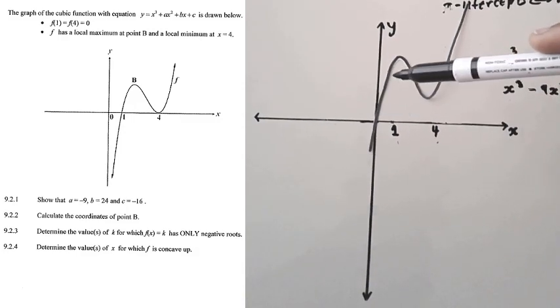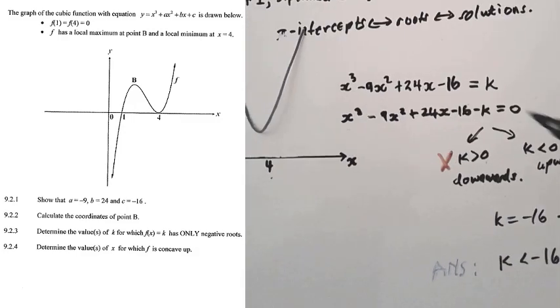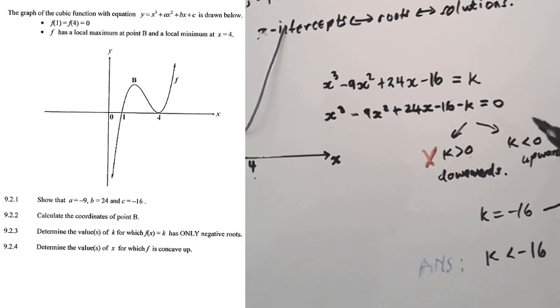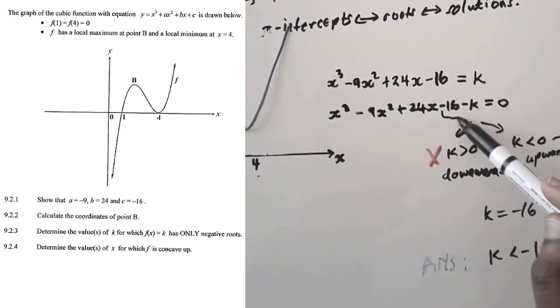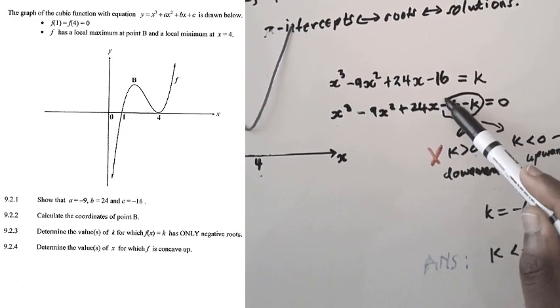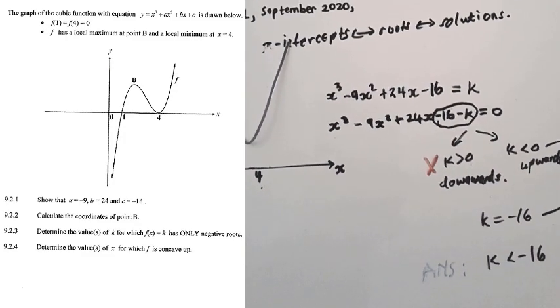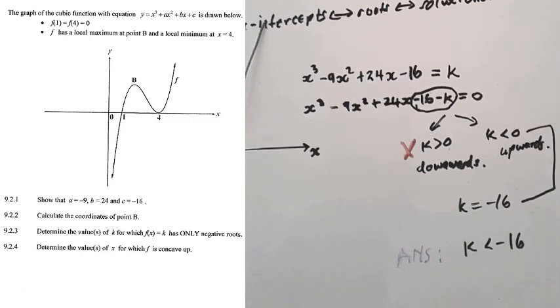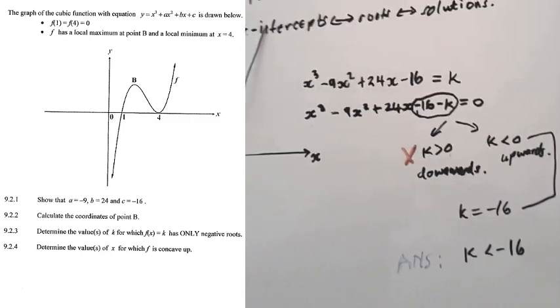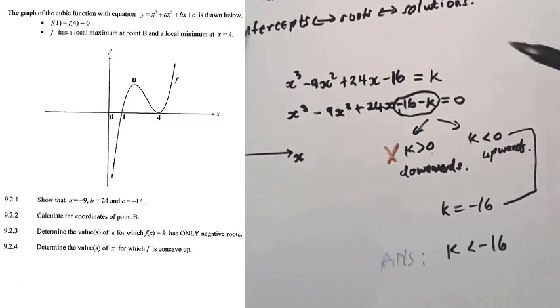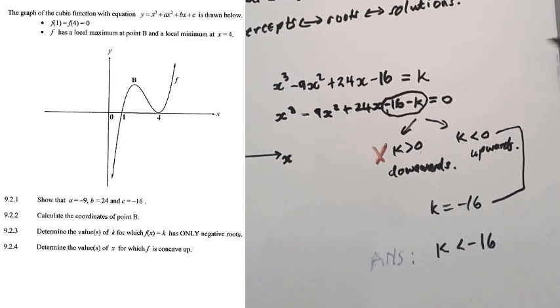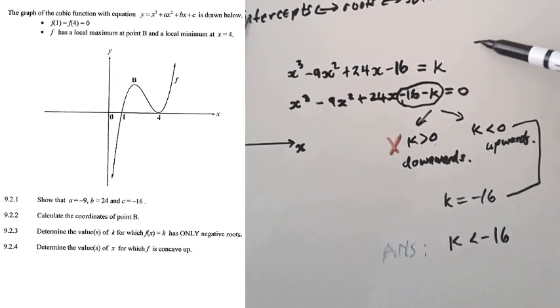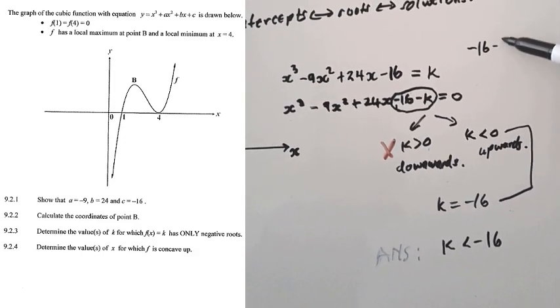So you go back to your function and ask, what is determining the y-intercept? Well, this portion right over here, negative 16 minus k, is what's determining my y-intercept right now. I want that y-intercept to be positive, so just set this expression greater than 0.